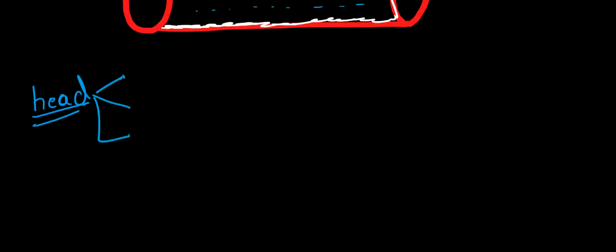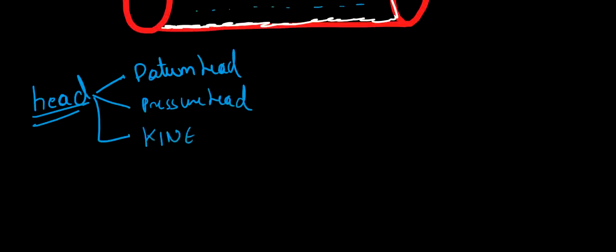The first one is datum head, the second one is pressure head, the third one is kinetic head, which we also call velocity head. So these are the three types of heads, and these represent the three types of energy possessed by any flowing liquid.